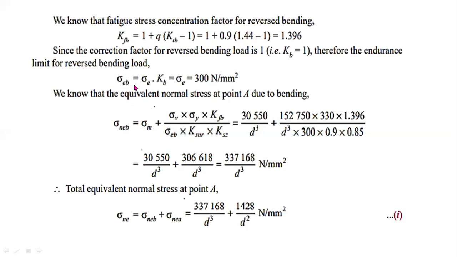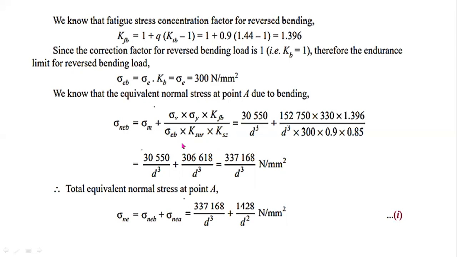Here sigma EB is the endurance limit for bending loads. For bending loads, KB equals 1, sigma E equals 300. So sigma EB equals 300 Newton per mm square. This is the endurance limit for bending load. Then the equivalent normal stress for bending, sigma NEB equals sigma M plus sigma V into sigma Y, KFB by sigma EB into K surface, K size.